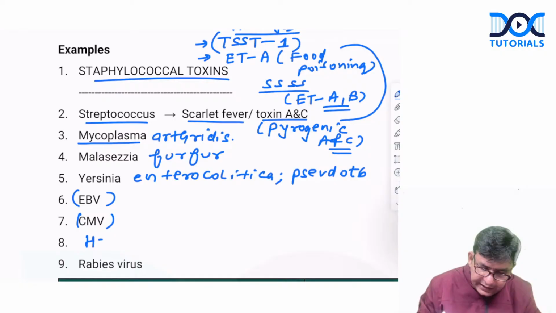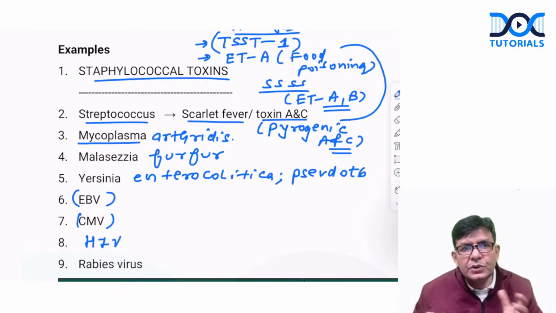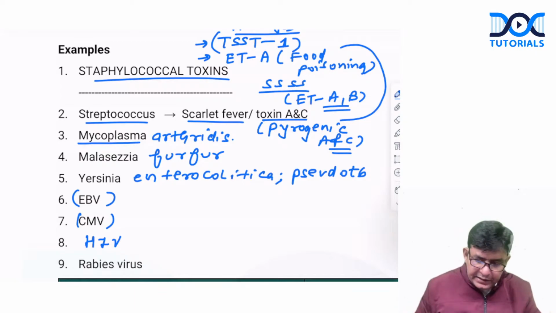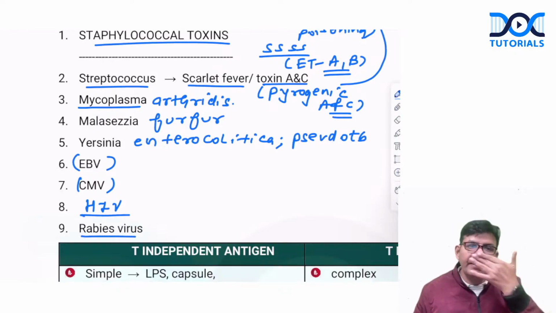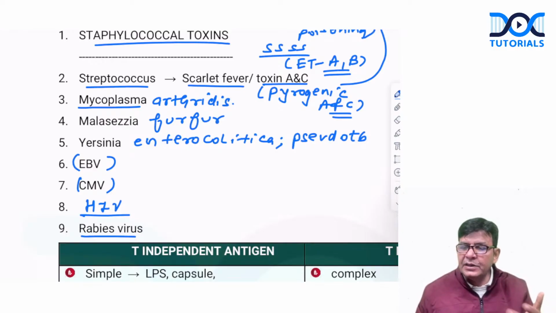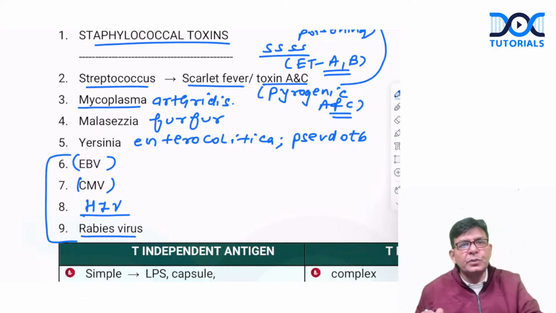And even the HIV virus can also behave like a superantigen. So Epstein-Barr virus, cytomegalovirus, HIV, rabies virus, these are the various ones which sometimes behave as superantigens.